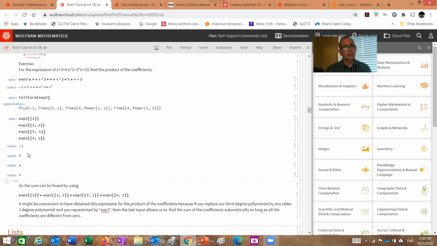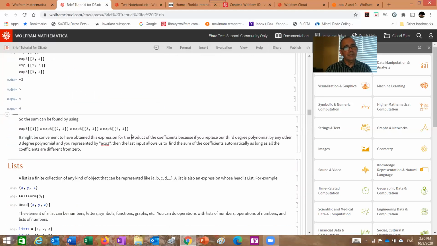And then notice that you have obtained -2, 5, 4, and 4, which are the coefficients of the original polynomial. And now you want to find the multiplication, the product of these coefficients.